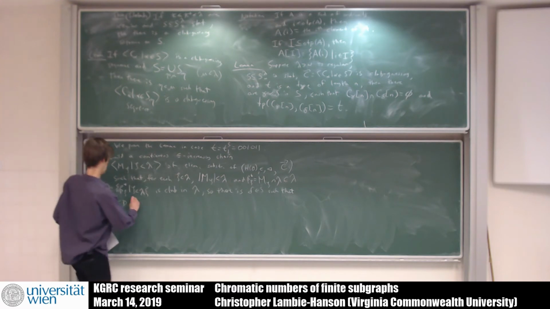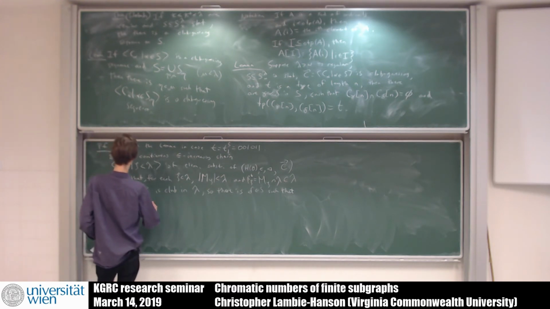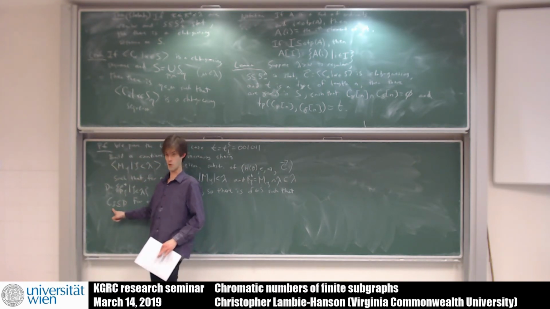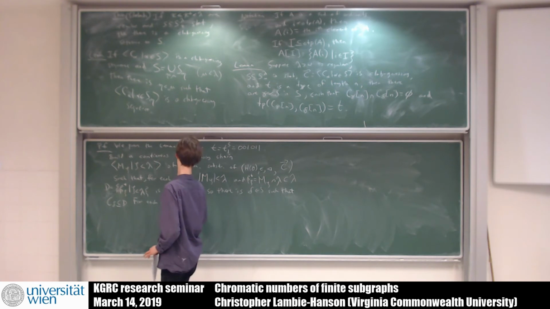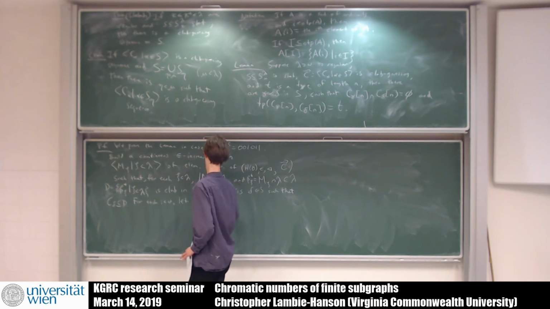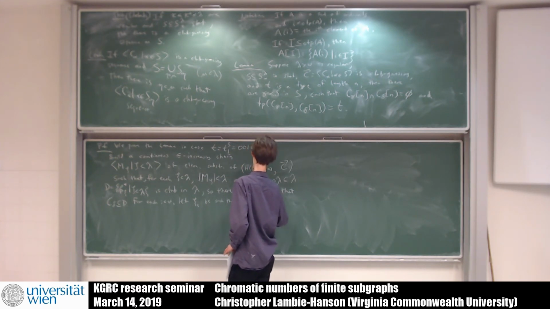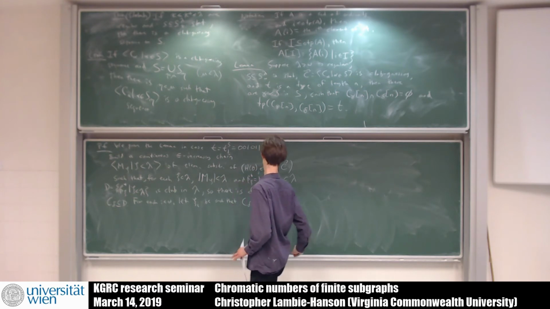Right? So for each i less than omega, remember C delta is an omega sequence. Let C_i be such that the ith element of C delta is M_{C_i} intersected with lambda.